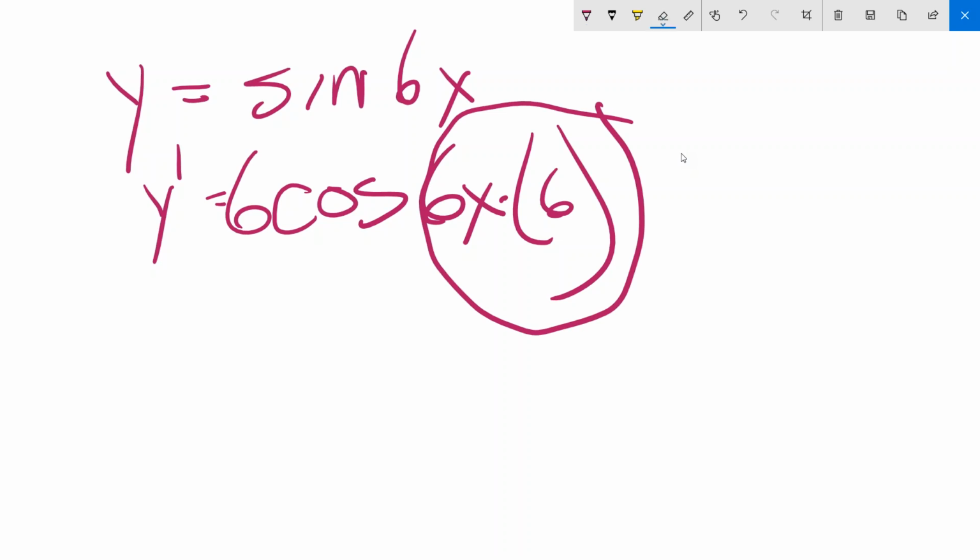What ends up happening is that usually you write it as the derivative of the inside times the derivative of the outside. The problem with doing it that way is that frequently there are two insides. So the rule becomes the derivative of the outside times the derivative of the first inside times the derivative of the second inside, or times the derivative of the third inside. And then you simplify it after you get it all done.